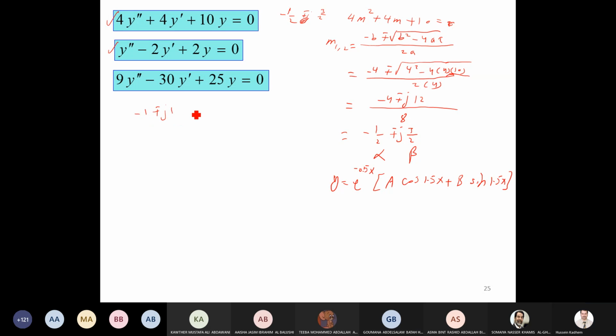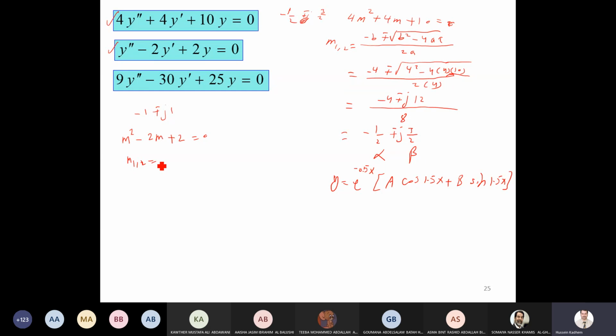Okay, let's solve it together. m squared minus 2m plus 2 equals 0. Now we can solve it by quadratic formula or factorization. But what do you think? Can we solve it by factorization? Oh, no, we cannot. So we go for the quadratic formula.